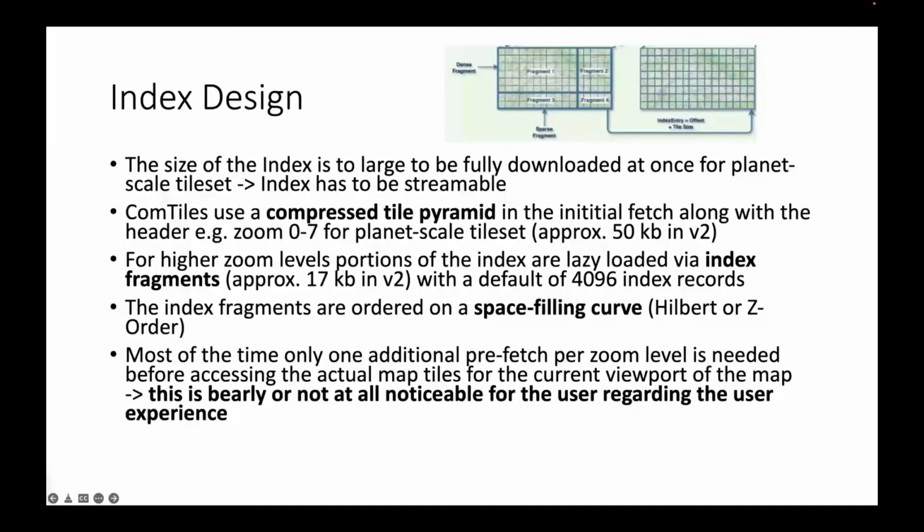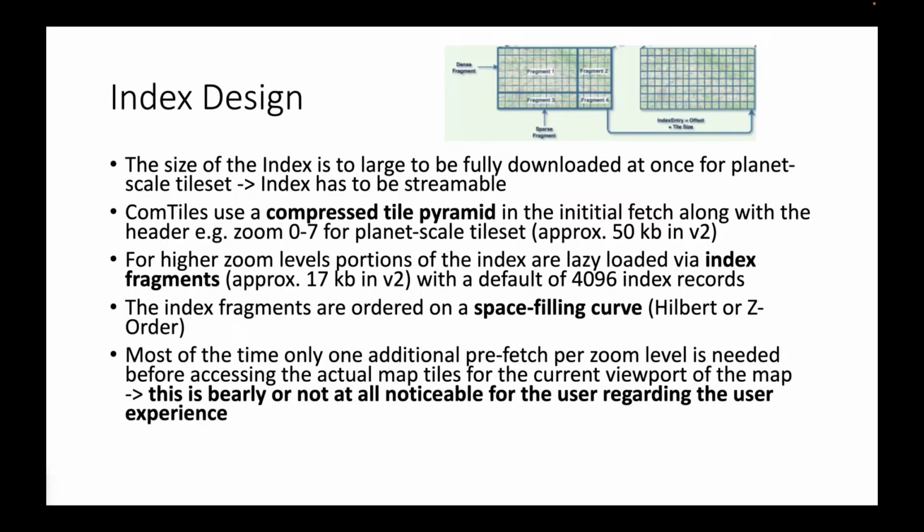Then most of the time I spent on designing the index, and I ended up with a workflow like the following. If you open up the map, a compressed tile pyramid is loaded with the initial fetch along with the header. For a global scale tileset, we are talking about zoom level 0 to 7.